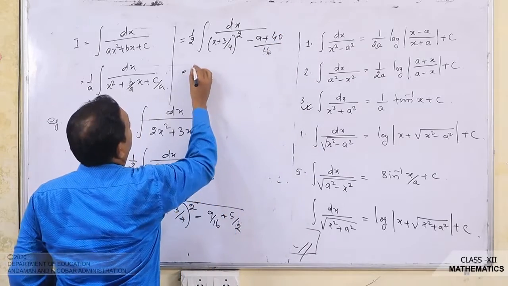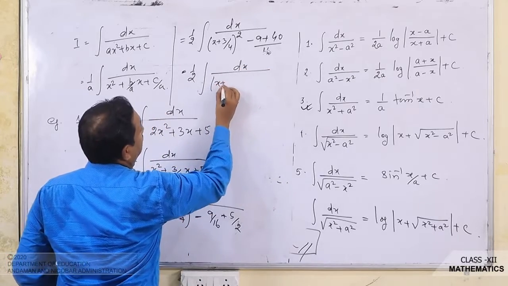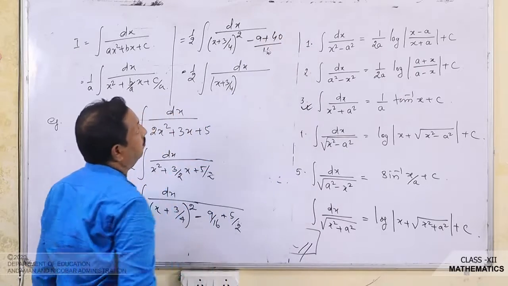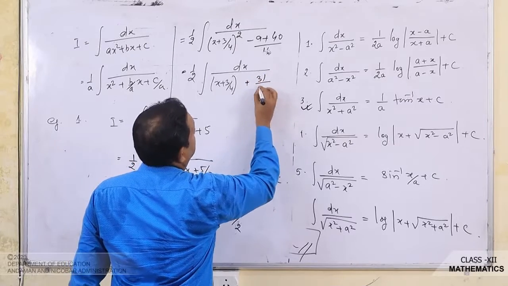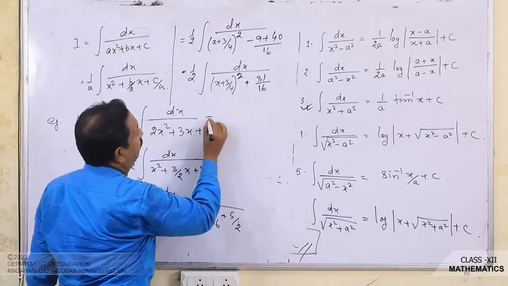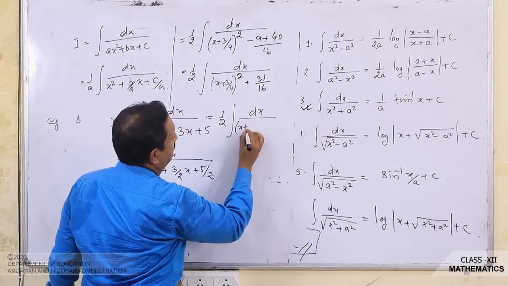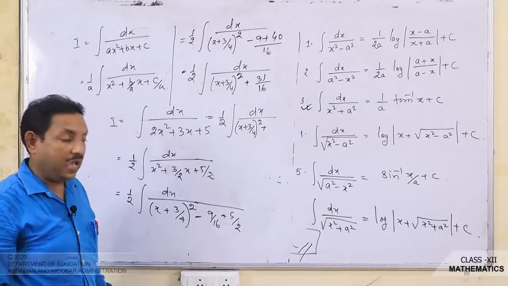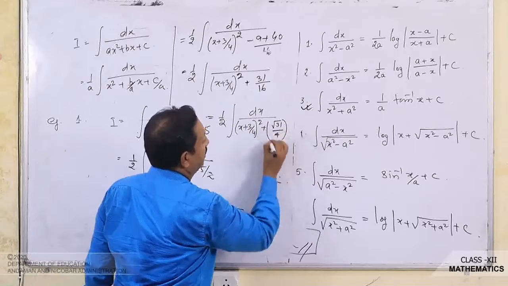So, that is equal to 1 by 2 integration dx upon x plus 3 by 4 the whole square, and here you will get 40 minus 9, that is 31, plus 31 upon 16. Here is one square also. So, that is equal to 1 by 2 integration of dx upon x plus 3 by 4 the whole square, and I can write this 31 by 16 as root 31 by 4 the whole square, isn't it?